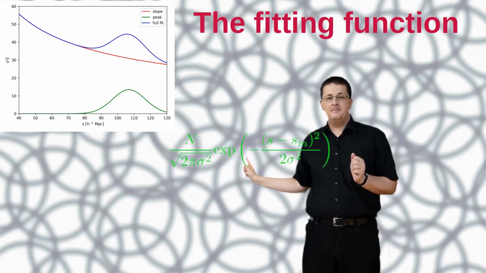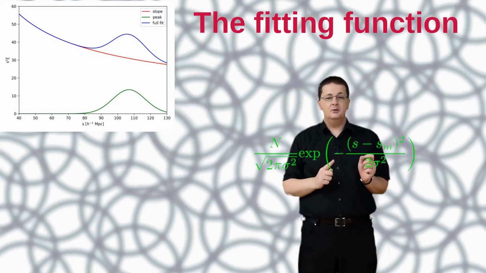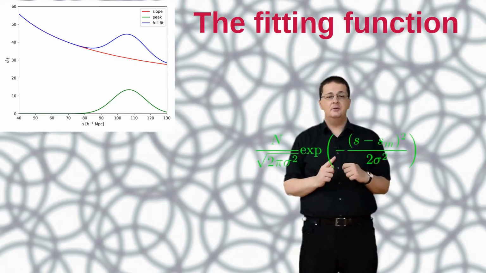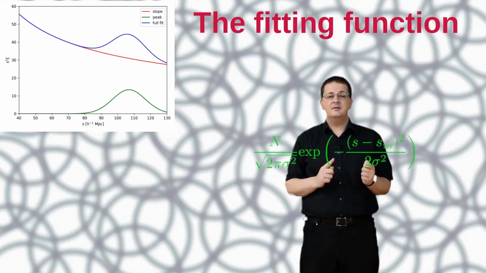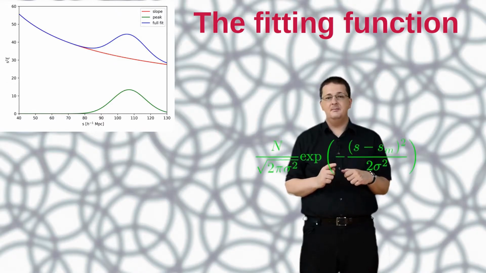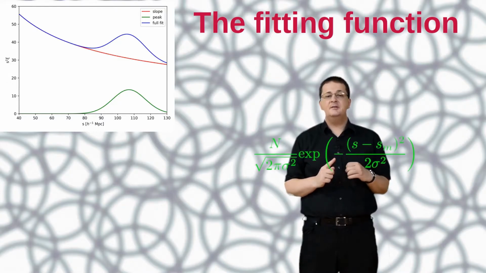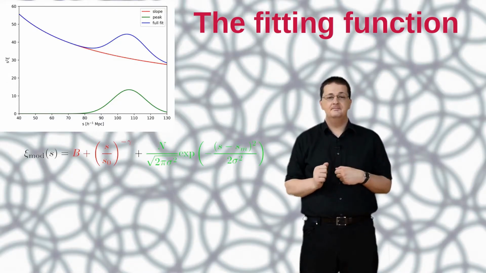The other term, which represents the BAO feature, is a Gaussian with an amplitude n, with sigma 0 and a central location Sm. The BAO peak location is the aforementioned Sm.